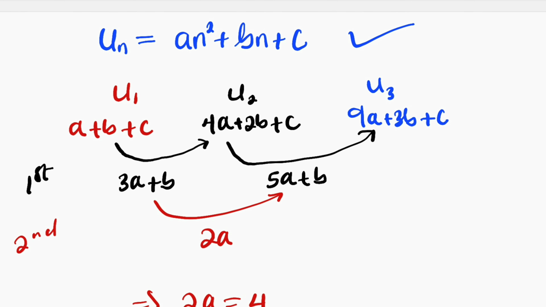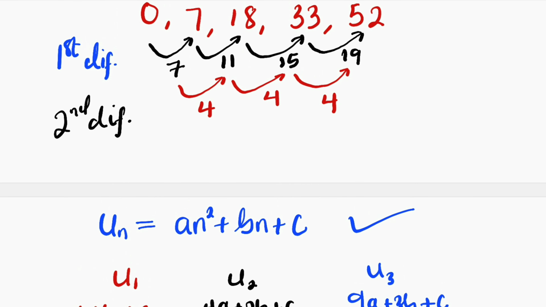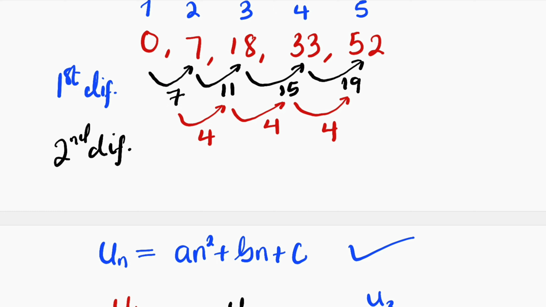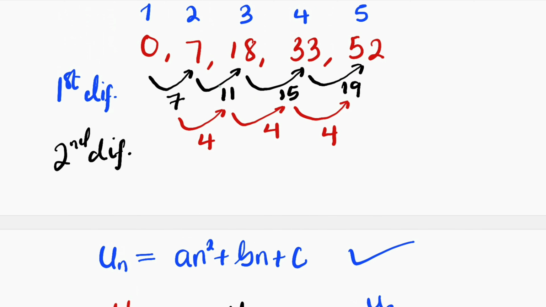What about b? You come back here. This 3a plus b is equivalent to this number here. You see that? And if you take this one, 5a plus b, it is equivalent to 11. So I would like to take this line, only this line.